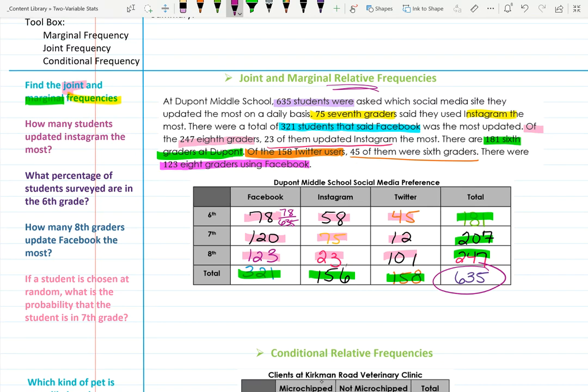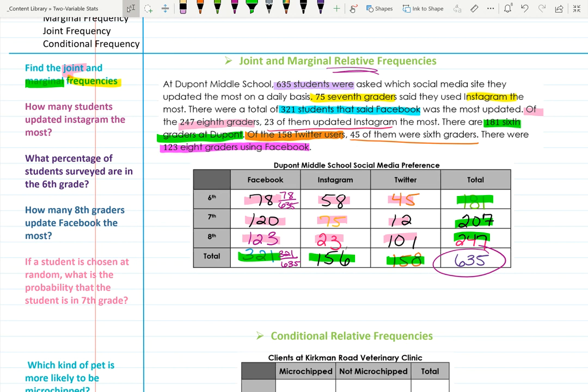So same thing if I look down at our total of Facebook users, so 321 out of the 635, that would be a marginal relative frequency. So it all depends on what your question is asking, whether they want a regular frequency or whether they want a relative frequency. So are they just asking how many or how much, or are they asking, is it compared to the whole?